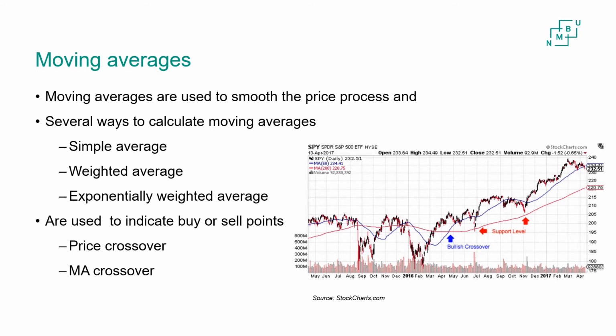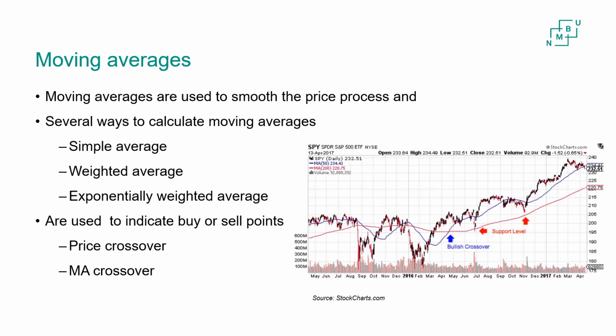So here we see the blue line. It contains the average of the 50 last prices, and the red line contains the average of the 200 last prices. Okay, so you have a short moving average and a long moving average.